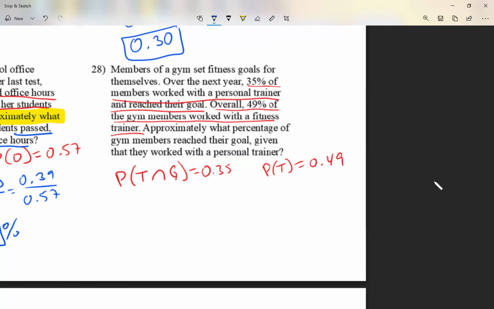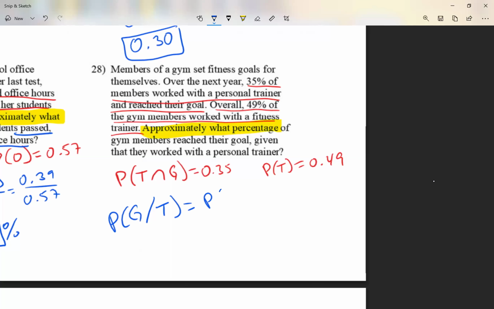Approximately what percentage? Ooh, I'm going to highlight that already. That means my decimal, I have to change it to percent. Approximately what percentage of gym members reach their goal given that they work with a personal trainer? So what's the probability that they reach their goal given that they had a trainer?